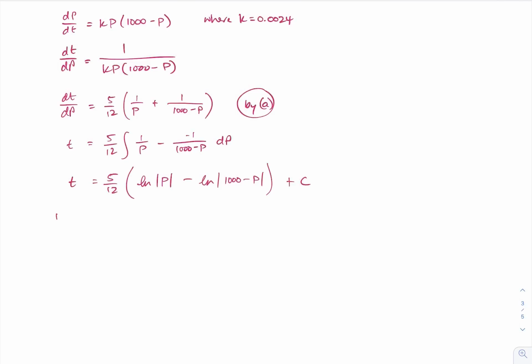I'm going to do 12/5 t minus c equals ln P over 1000 minus P. Now, note that c has changed value in the last line because I should have multiplied it by 12/5, but I'm not going to. It's just a constant. You know the drill. Equals, now 12/5 is 2.4, so it's e to the 2.4t times e to the negative c.